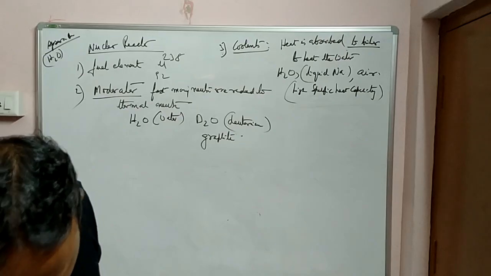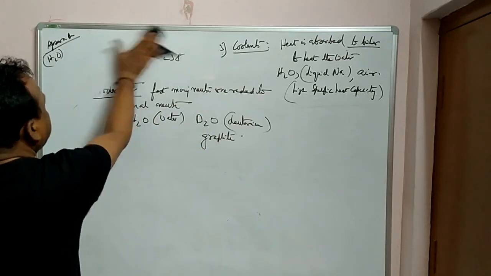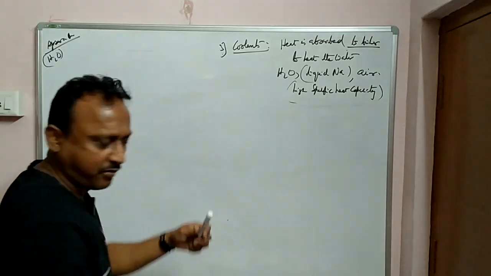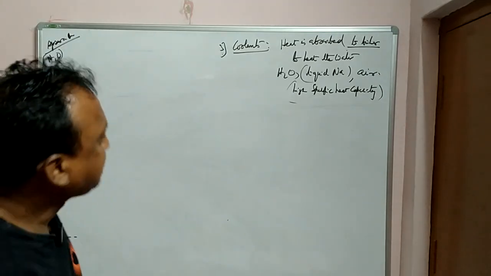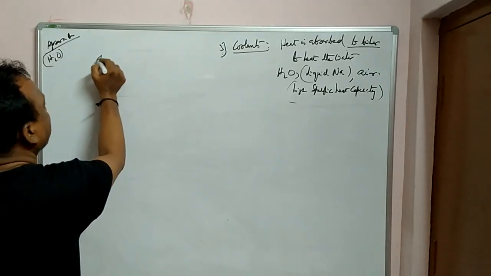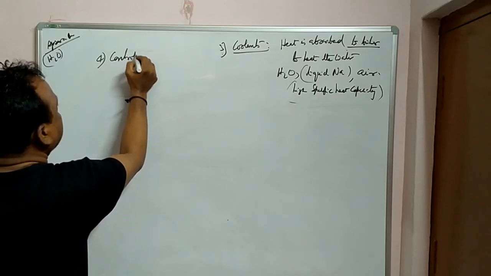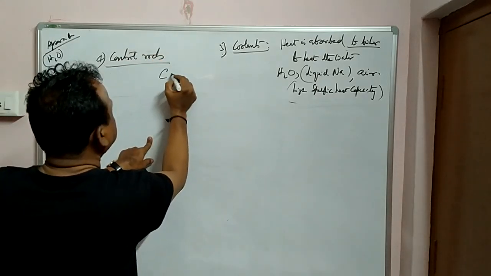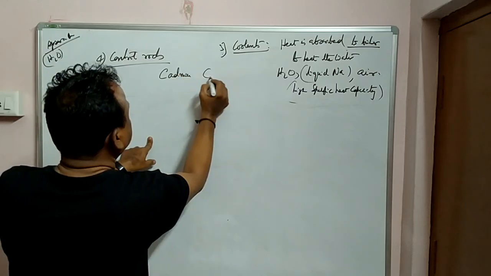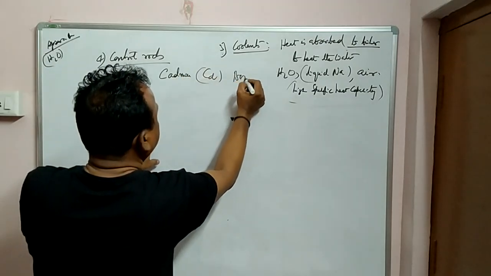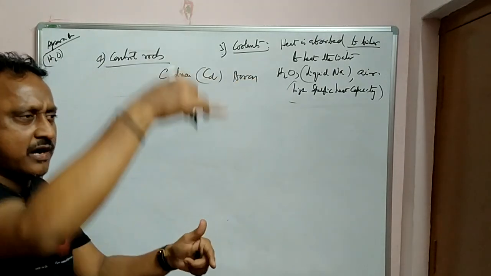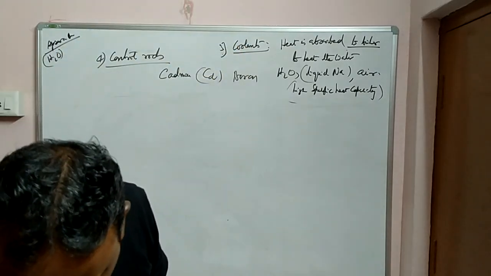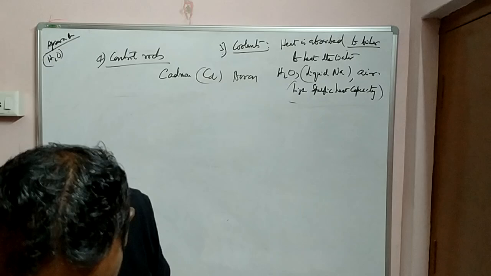Next one is control rods. See, in the nuclear reactor, control rods also play a main role. What is the job of control rods? The fourth one, control rods, are made of cadmium and boron. These rods are introduced inside the reactor, and the main function is that the speed is reduced.